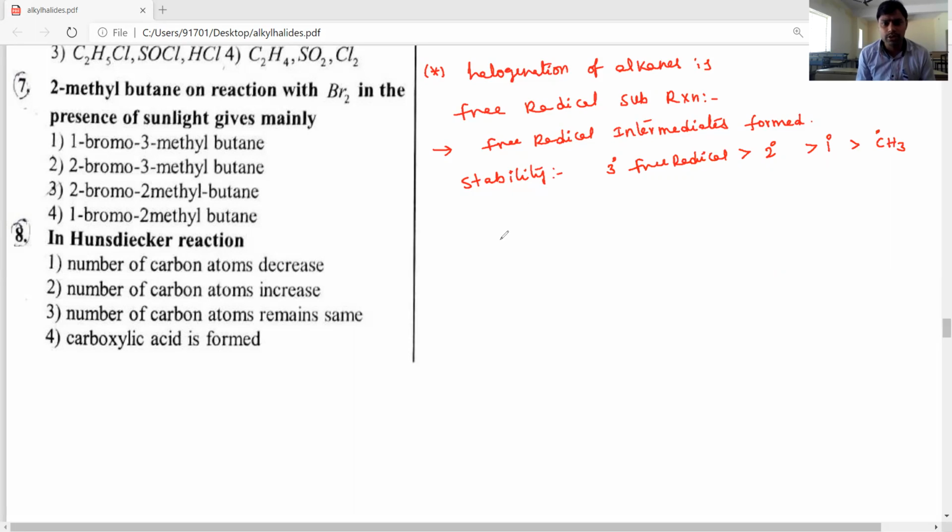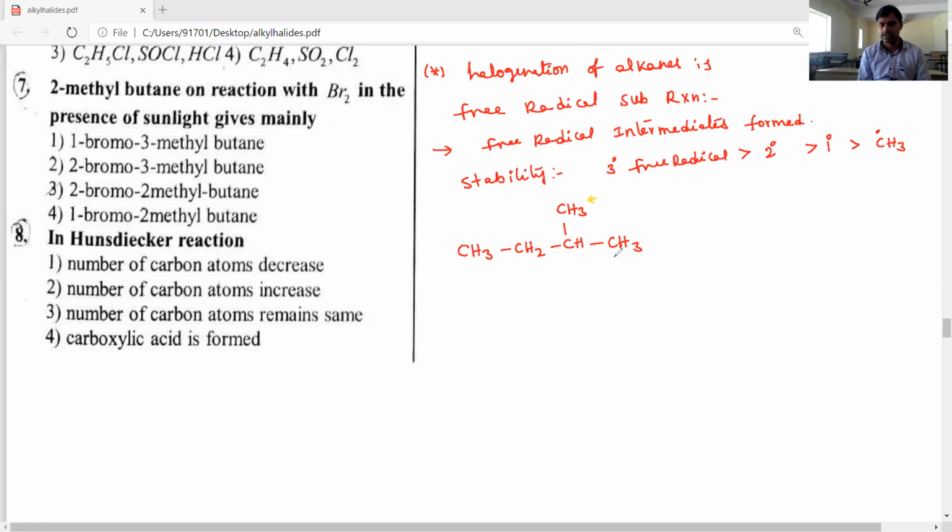Okay, 2-methyl butane, CH3-CH2-CH(CH3)-CH3. So 2-methyl butane on halogenation. See what different types of hydrogens are present.